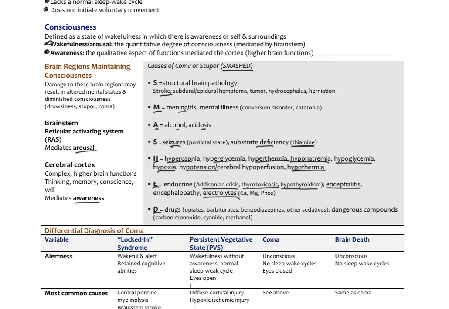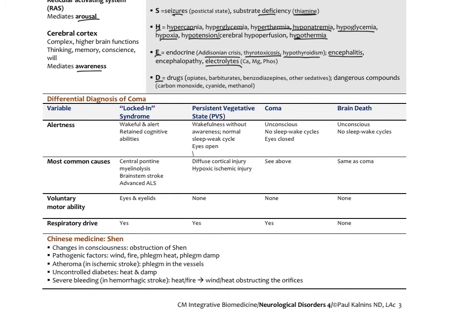Now, there are a couple of states we need to differentiate, sort of a differential diagnosis of coma. So with coma, a person is unconscious, there's no sleep-wake cycle, eyes are closed. We looked at the most common causes above. There's no voluntary motor activity, but the respiration continues. There is respiratory drive, as we call it.